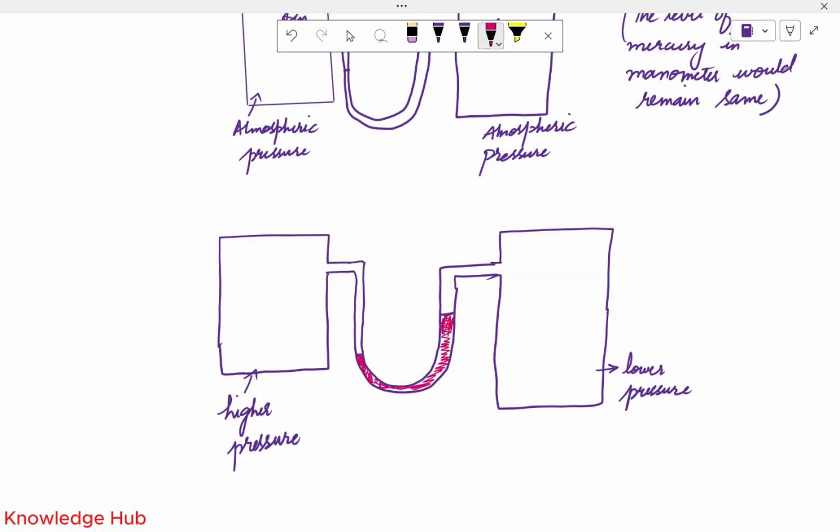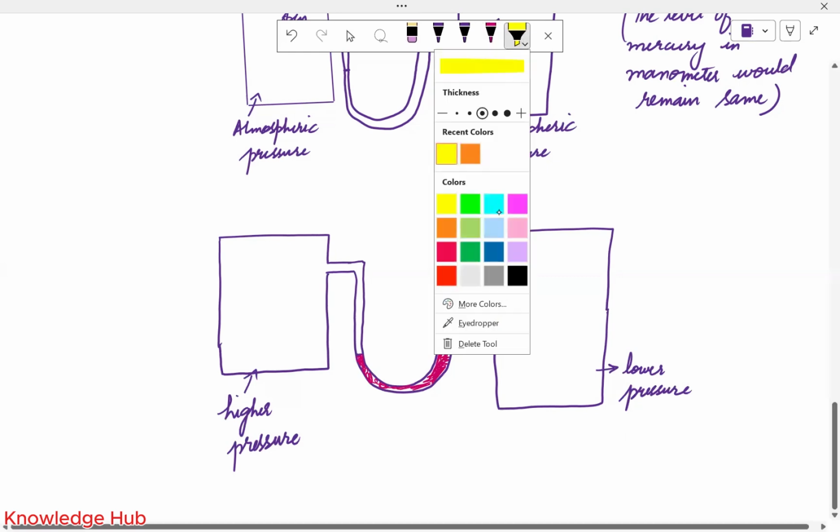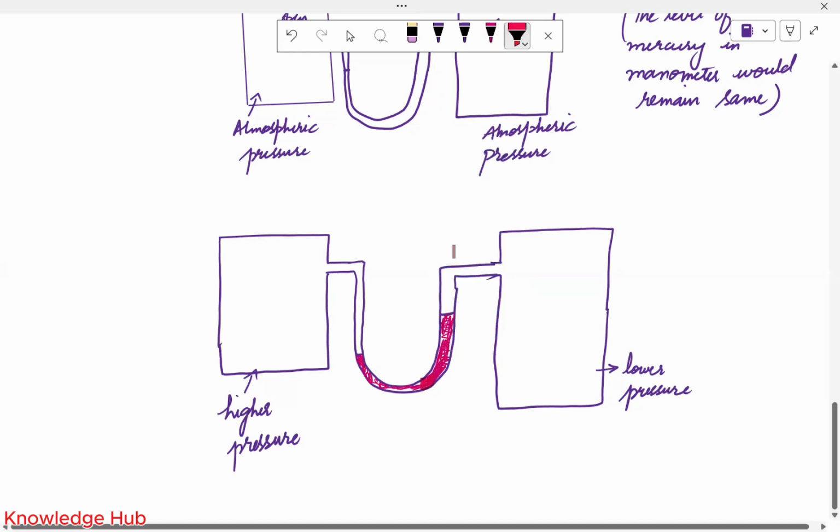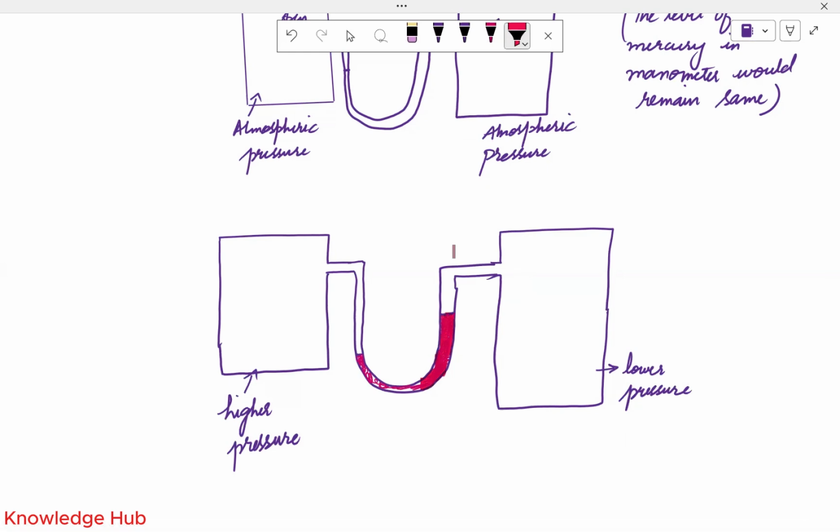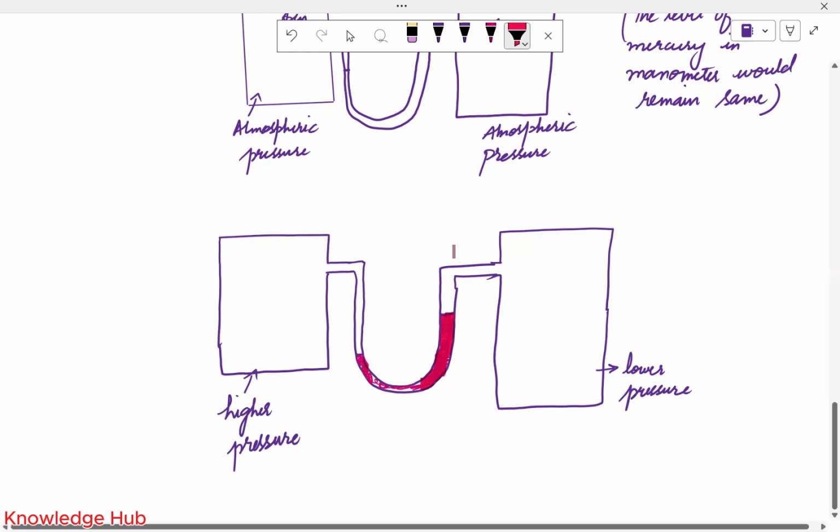This is mercury present in it, and we can even highlight it as well. Okay, so what happens?